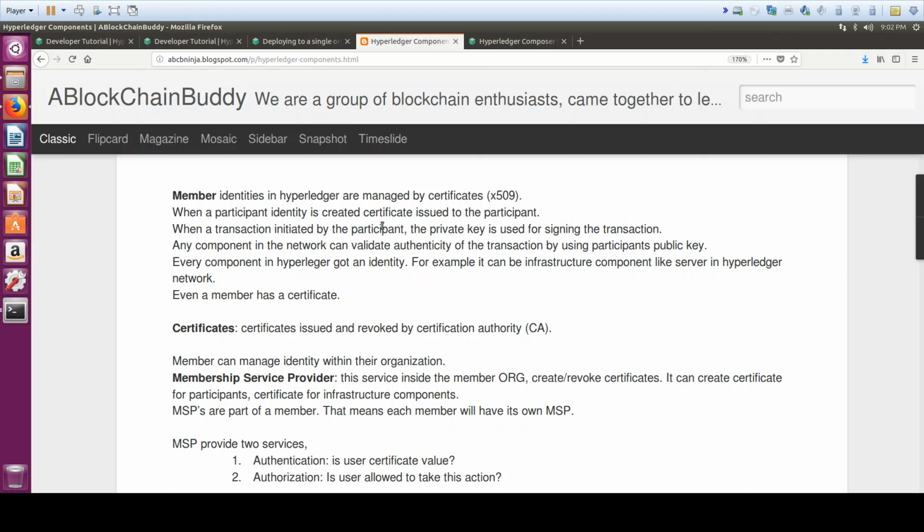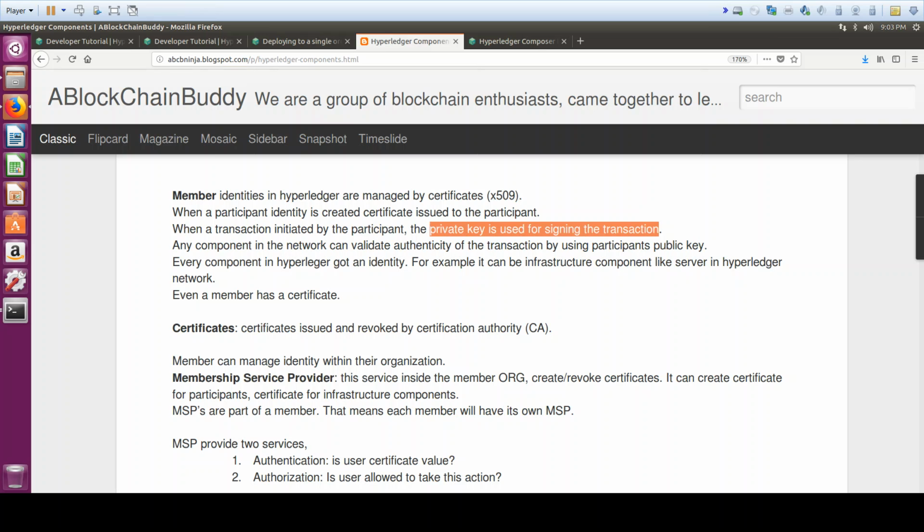The participant will have a private key and a public key. The public key is used for validating, the private key is used for signing the transaction. We will see that in detail in later sessions. But just to put it in your mind: when a transaction is initiated, the private key is used. When a transaction is validated, the public key is used.